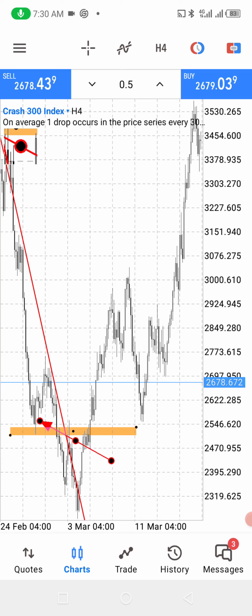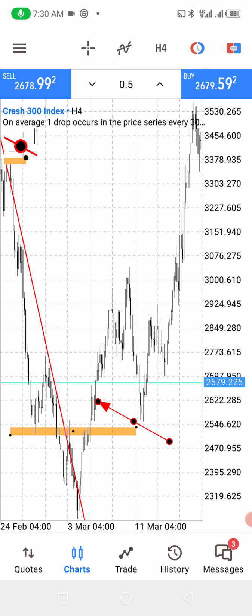It acted as both support and resistance during the downtrend, but now price has broken it. Okay, so the market is making higher highs. This is uptrend now.